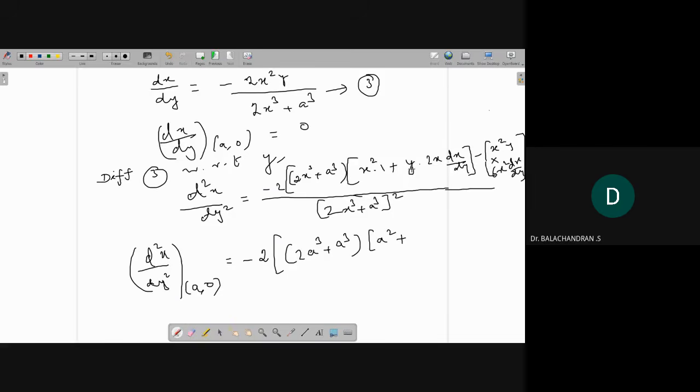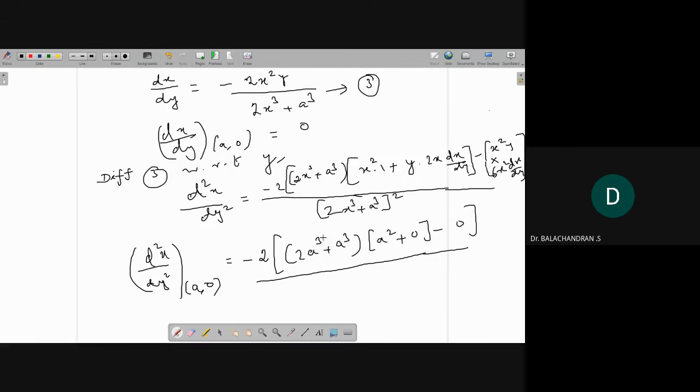Y is also 0 and dy by dx at a comma 0 is also 0. So this is 0. Minus, again, y is 0. Similarly, dx by dy at a comma 0 is 0. So this is 0. Close the bracket. Actually, this minus 2 is for the first expression as well as for the second expression.